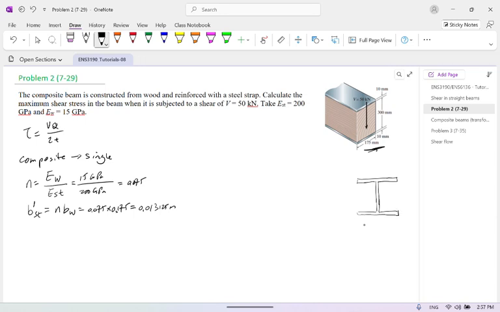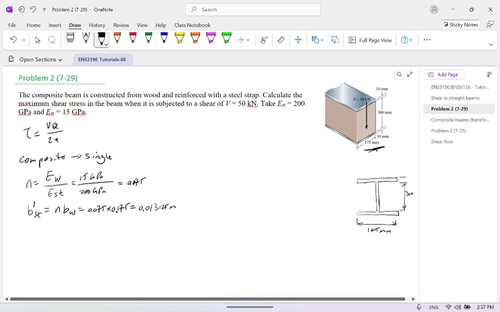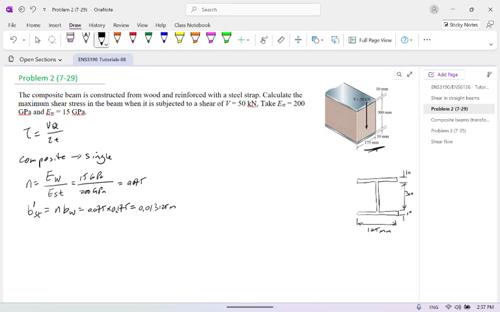This is 125 millimeter, this is 300, this is 10, and this is also 10. After transformation, this value is B prime. I just put B prime here, I don't want to put the numbers here. So of course, that's the beam for this structure.